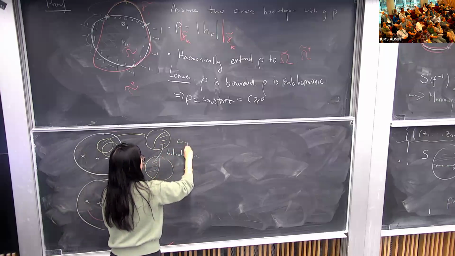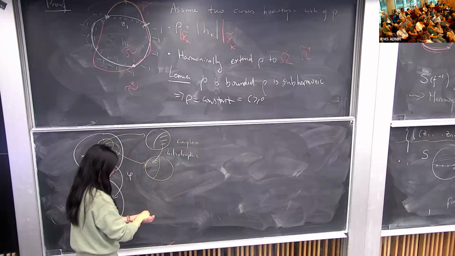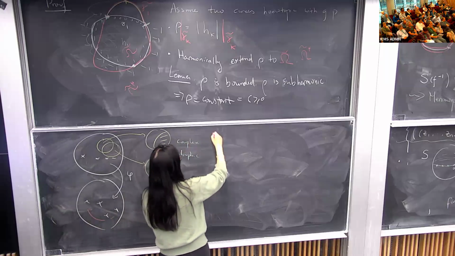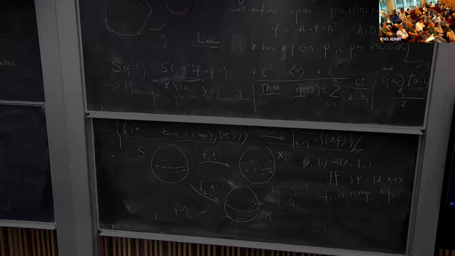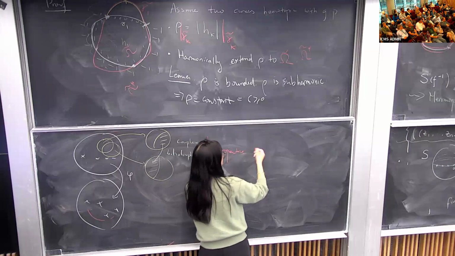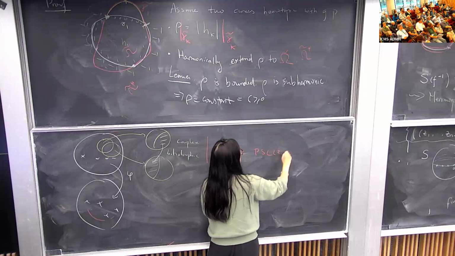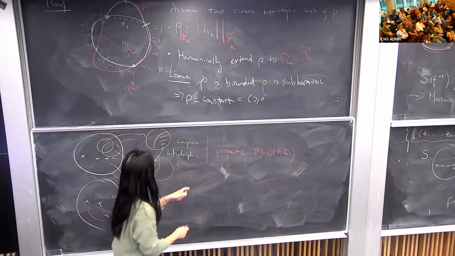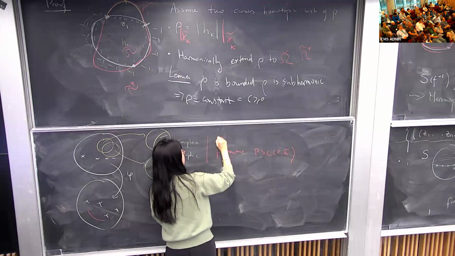And if I ask this transition map to be projective, meaning a Möbius transformation, then this is called a complex projective structure.